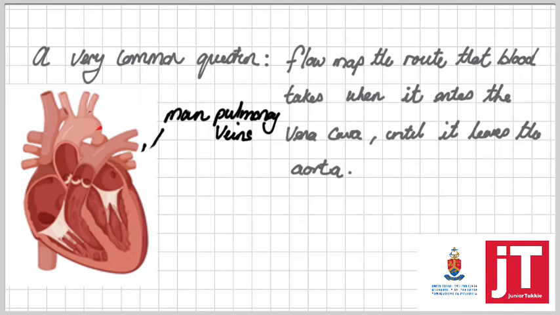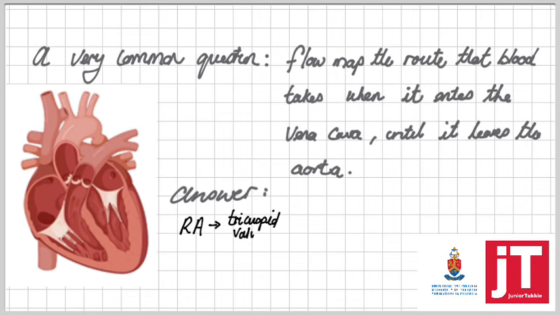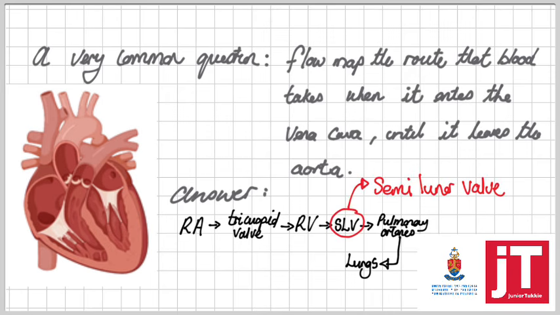Let's see how we're going to start our flow map. We start with our right atria. Blood will then move through my tricuspid valve into the right ventricle. We have the semilunar valve, then carrying blood to the pulmonary arteries and eventually arriving at the lungs.